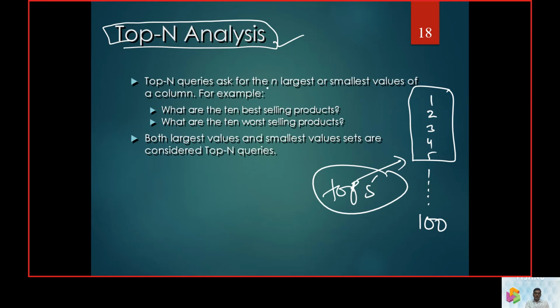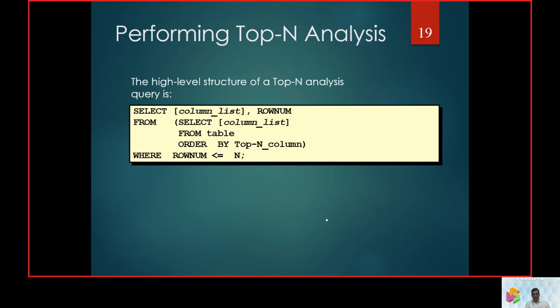So top N analysis asks for the largest or smallest values in a column. We want to find the top 5 elements, whether largest or smallest, and N is nothing but the 5 I was putting. So we call it a top N analysis.